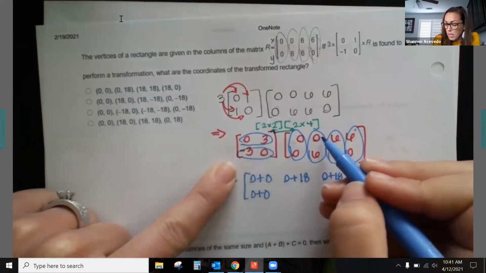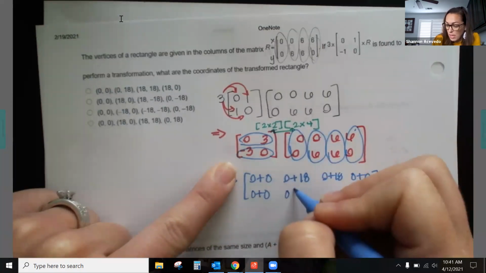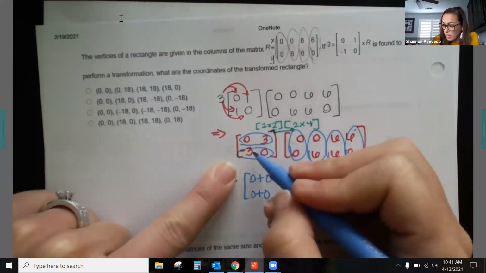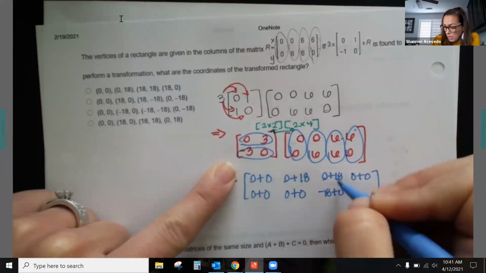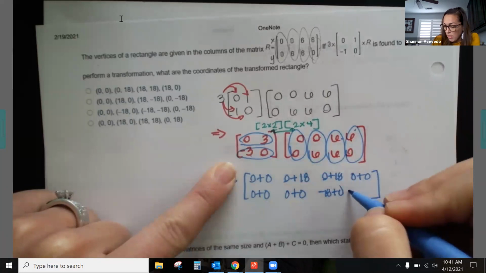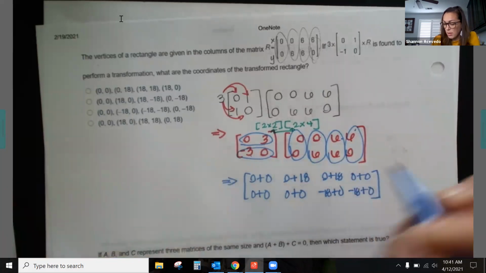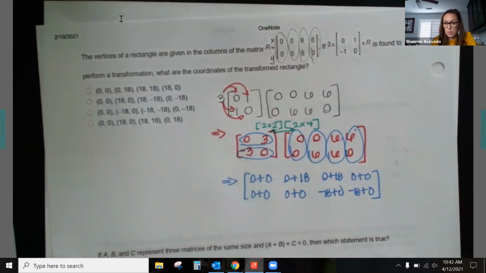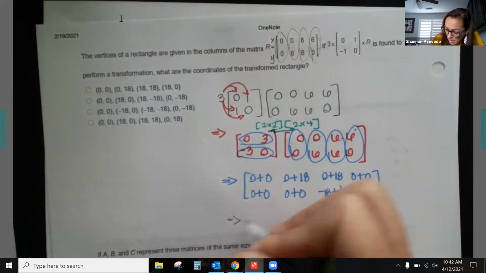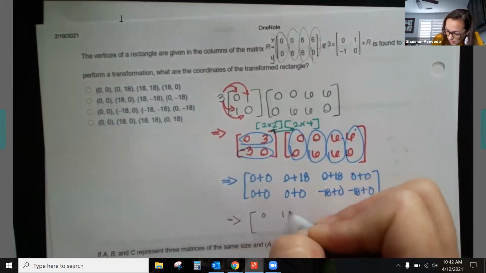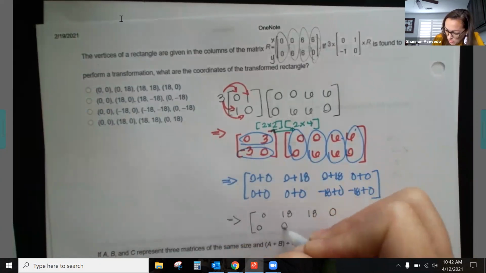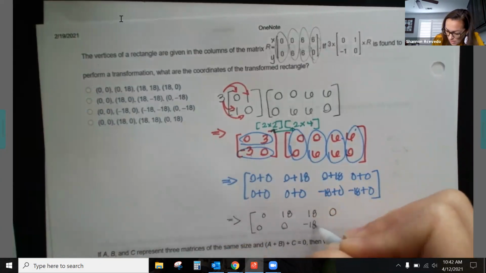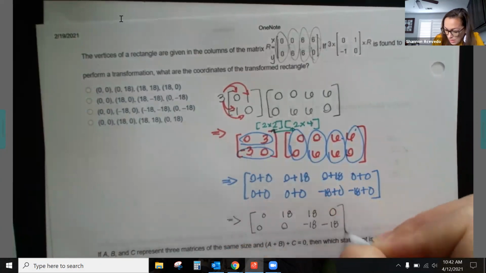This is going to be a 0 plus a 0 again. Lots of zeros are making a lot of things 0. So it's -3 times 6 is -18 plus 0. And this is going to give me another -18 plus 0. So when I clean it up, I end up with 0, 18, 18, 0, and 0, 0, -18, -18.